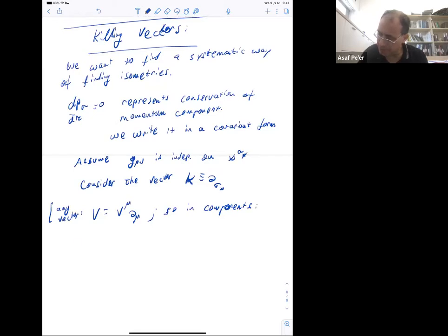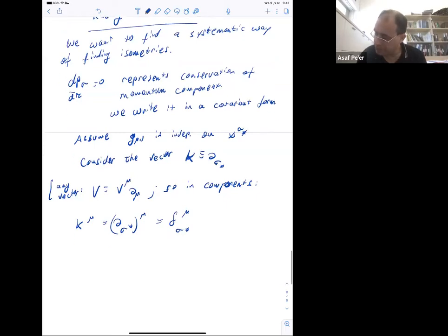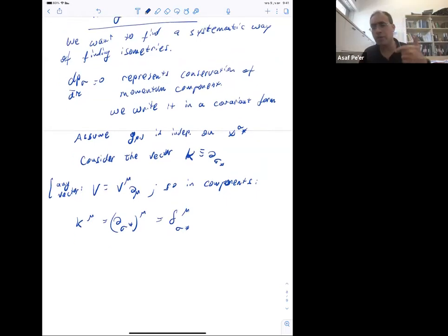what we have is k mu is just the sigma star mu, just delta mu sigma star. In words, so the components of k mu is 1 in the direction of sigma, and everything else is 0. Right? Remember, vectors are directional derivatives.